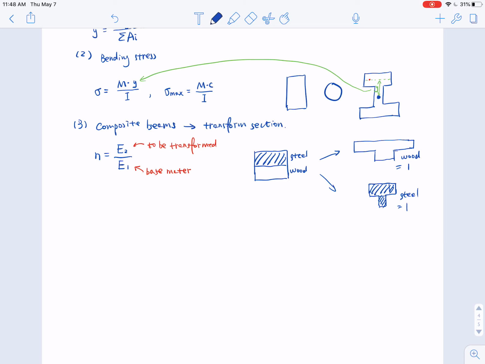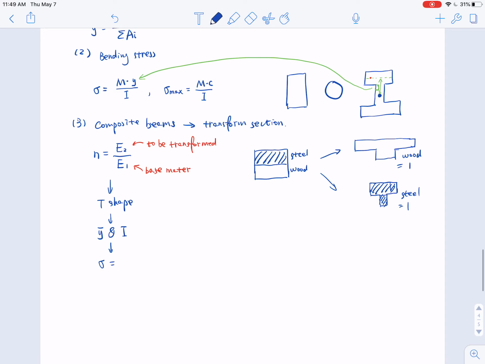So you need to determine, based on this T shape, y bar and I. Then you will find the bending stress using this equation, either My over I or Mc over I, depending on the point.